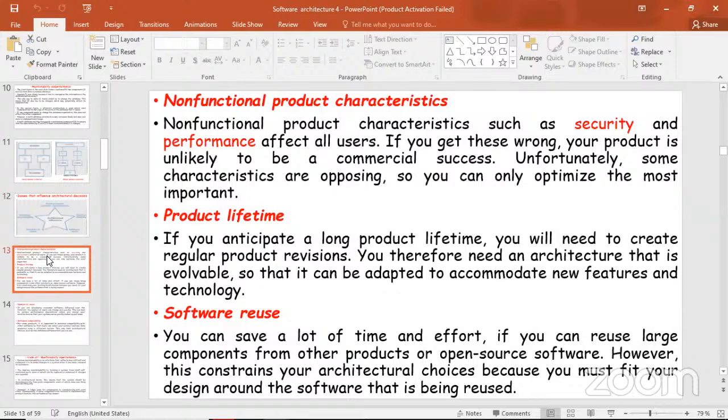Non-functional product characteristics such as security and performance affect all users. If you get this wrong, your product is unlikely to be a commercial success. Unfortunately, some characteristics are opposing, so you can only optimize the most important.